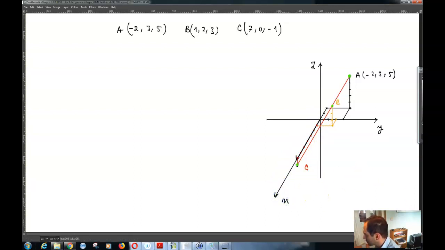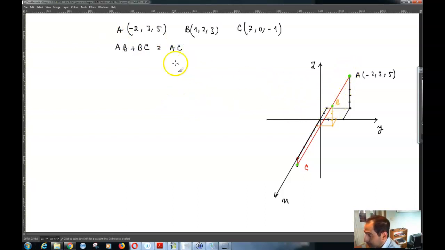This is the x-axis. So what you need to do: if these 3 points are collinear, AB plus BC is equal to AC.